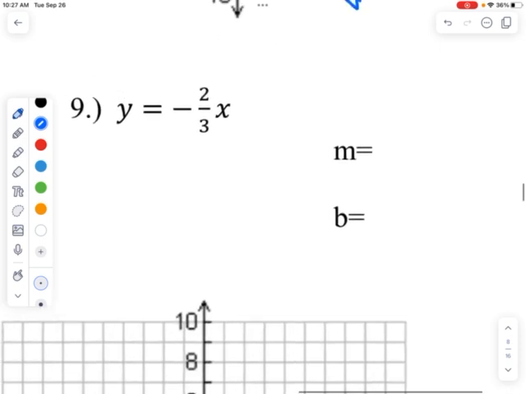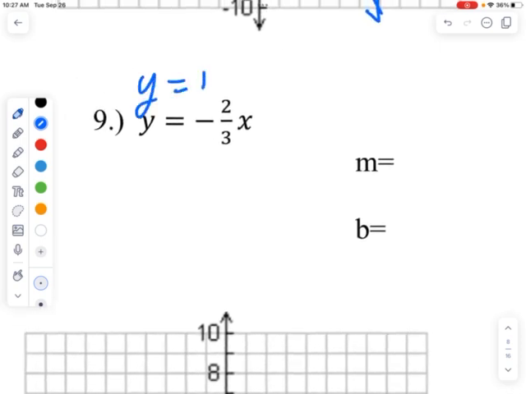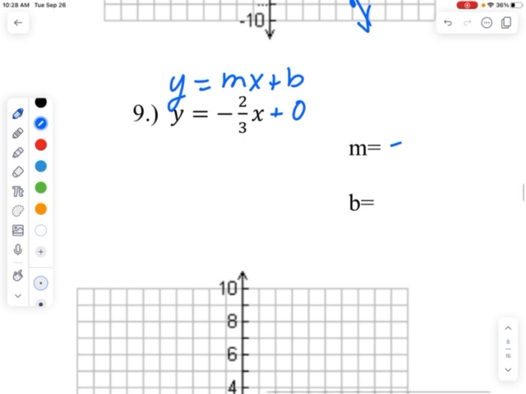All right, last one on this page. Again, slope-intercept form, y equals mx plus b. This looks like it falls pretty true to form, except I don't have a b value. Well, what we learned in number 8 is, again, if I don't have a value, I probably have a 0. So my slope is -2/3, and my y-intercept is 0.